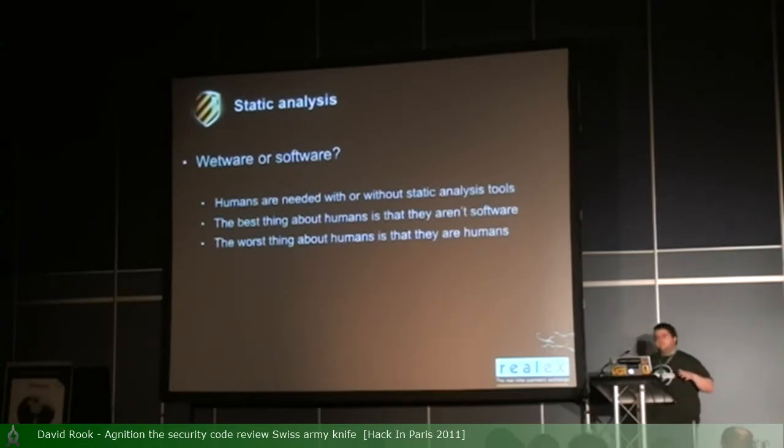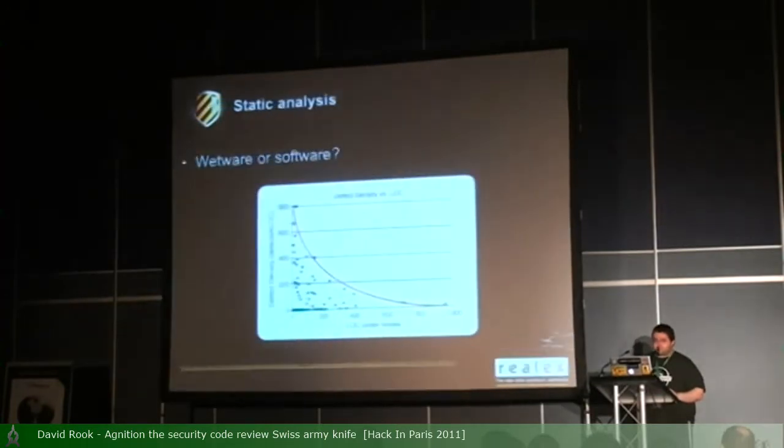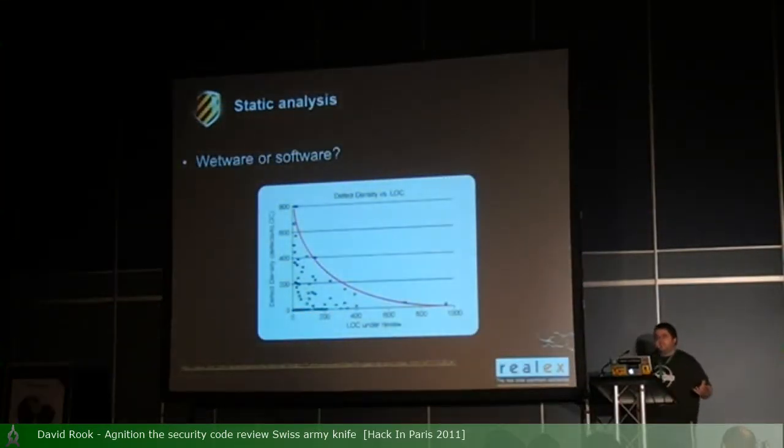So, roughly, humans can concentrate on a difficult task for somewhere between 30 and 90 minutes before their effectiveness drops off. So that has an impact on the cost of using a human for security code reviews, right?